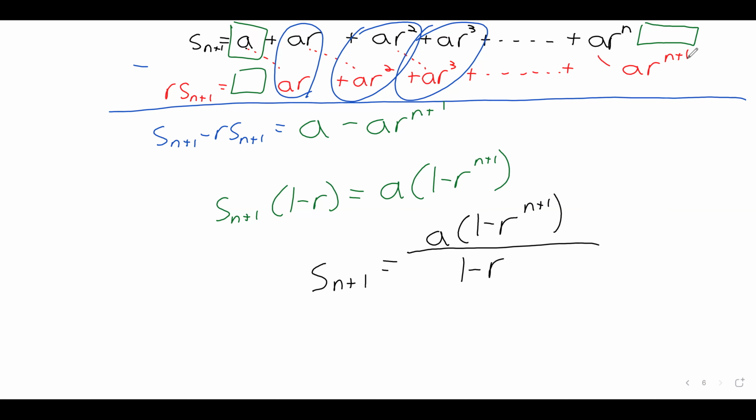Remember that we're taking the limit of partial sums to find infinite series by definition. So A, 1 minus r to the n plus 1, up top, 1 minus r down below.